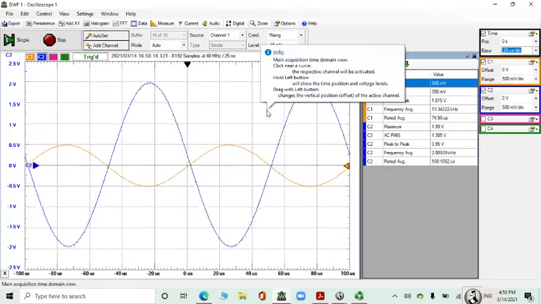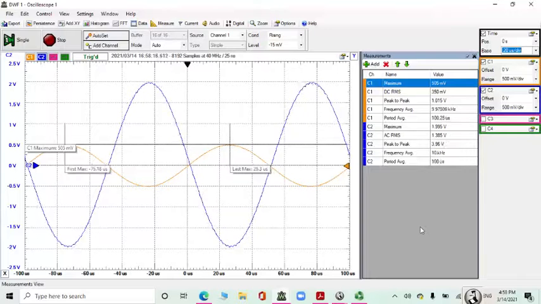Okay. Now, as you can see, your maximum is 505 millivolts for channel 1, which is your input, and here it is almost 1.99 volts. So it amplifies your signal 4 times.